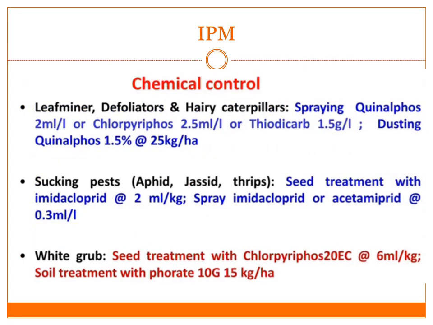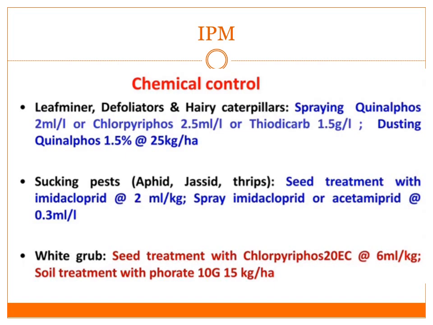And for chemical control of leaf miners, defoliators, and hairy caterpillars, you can spray Kinalphos 2 ml per liter or Chlorpyrifos 2.5 ml per liter or Thiodicarb 1.5 grams per liter, and dusting Kinalphos 1.5% at 25 kilograms per hectare.